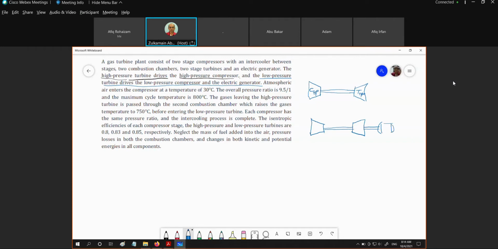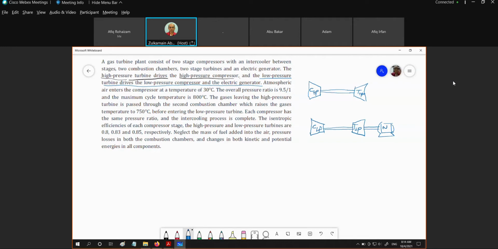So this is what is being said. This is the compressor for low pressure. This is the turbine for the low pressure. And this is our electrical generator as the power output, or the W net, of this plant.